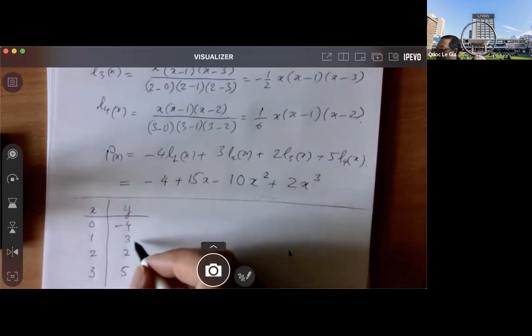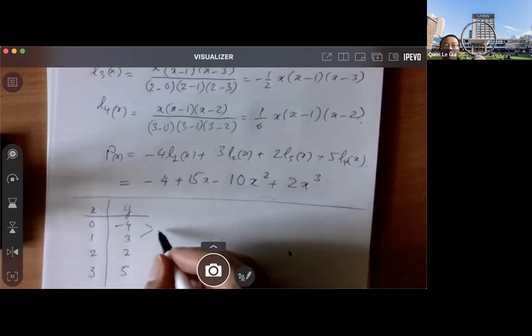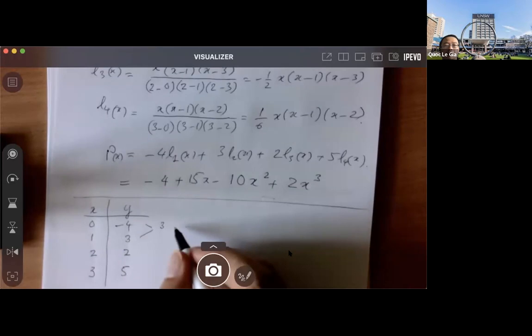So minus 4 and 3, you can compute the divided difference by 3 minus minus 4, which is 3 plus 4, divided by 1, so that gives you 7. Okay?